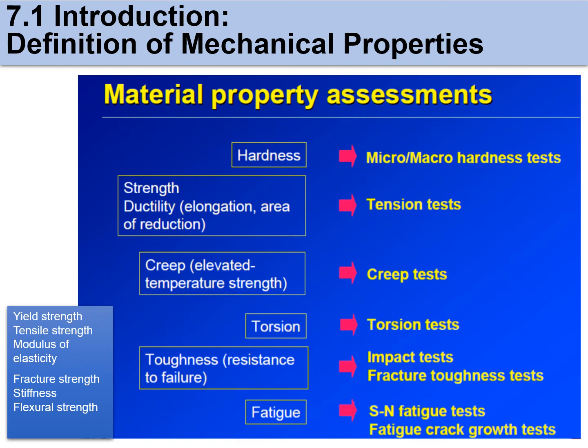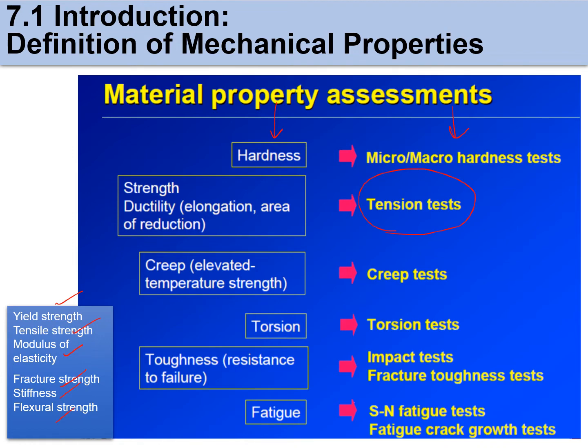This is the material property assessment that we can do for the types of materials. These are the properties, and this is the type of assessment. If we want to know the hardness of the material, we can use the micro or macro hardness test. For the tensile properties, which are the strength, ductility, elongation, reduction of area, yield strength, tensile strength, modulus of elasticity, fracture strength, stiffness, and flexural strength, we can do the tension test.